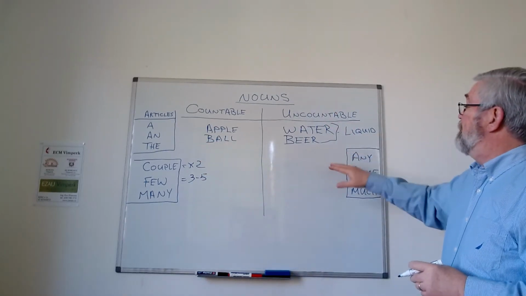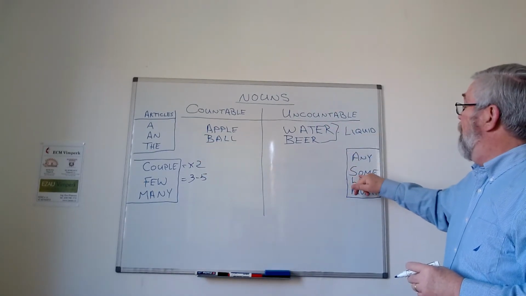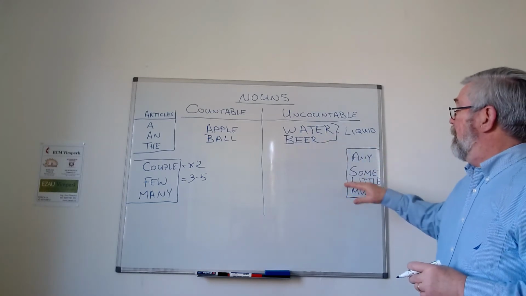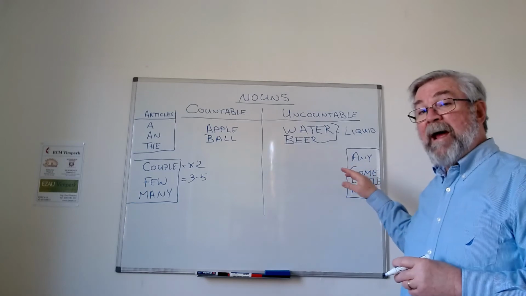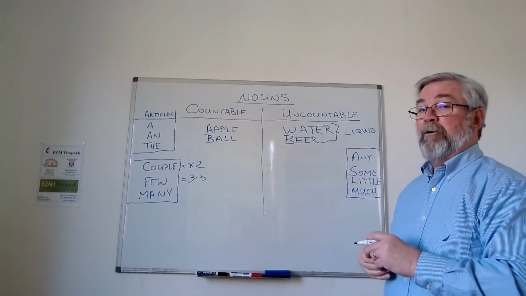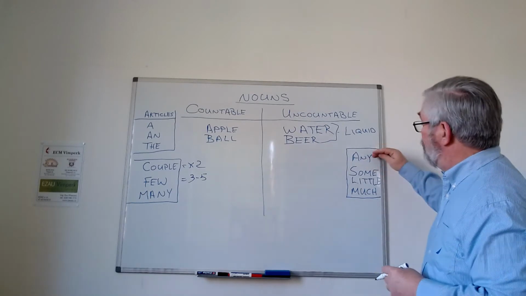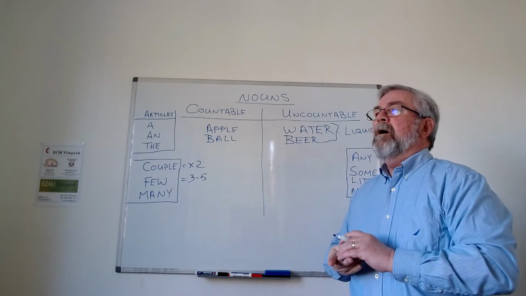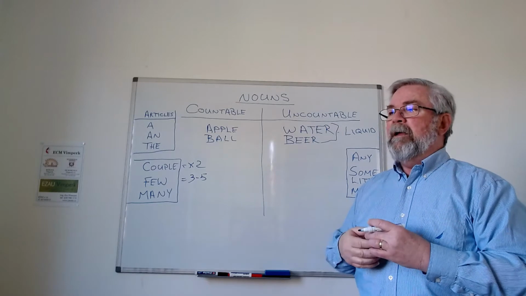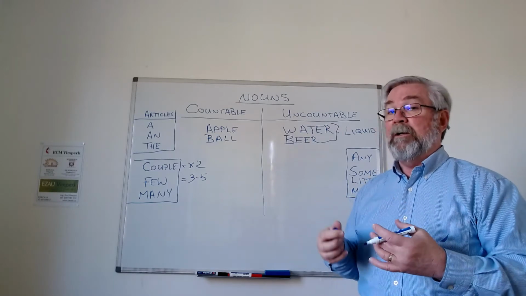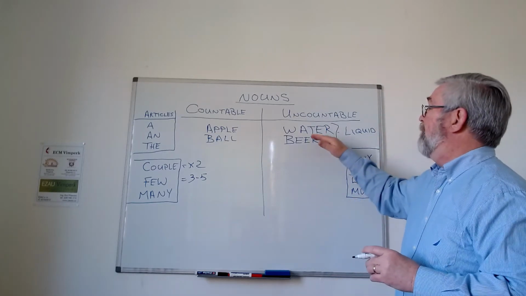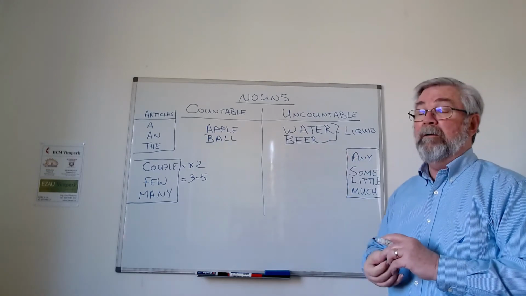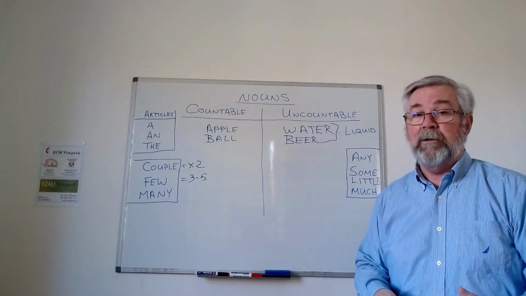What I would say is, I need some water or some beer. Or, do you have any water? The way we use this is more of an interrogative, a question. Do you have any water? You can also use some as an interrogative. Do you have some water?